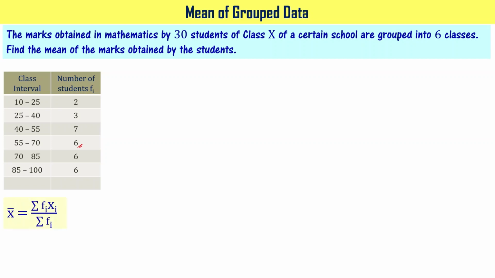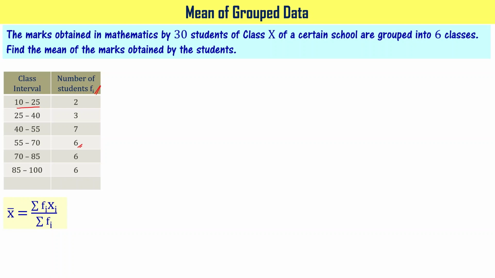We have seen the definition of mean is x bar equal to sigma fi xi divided by sigma fi, right? Here we have fi, right? Xi is not there. What is known is class interval, right? Class interval is saying 10 to 25, 25 to 40, like that.